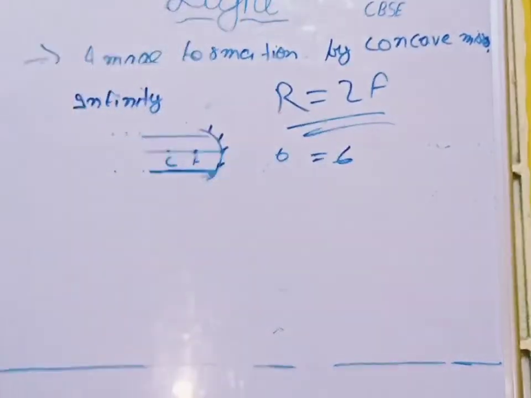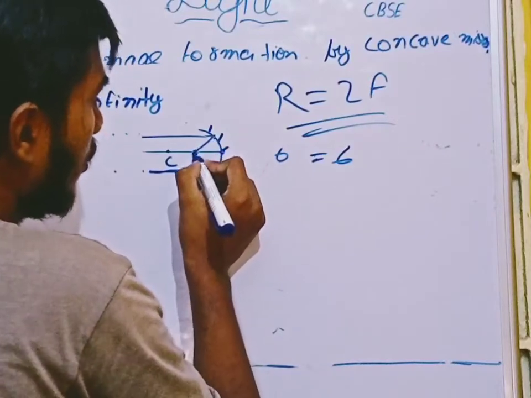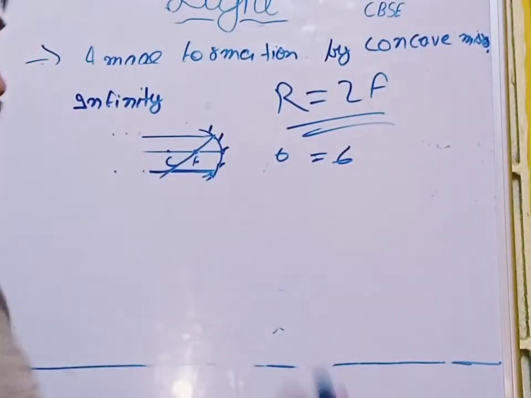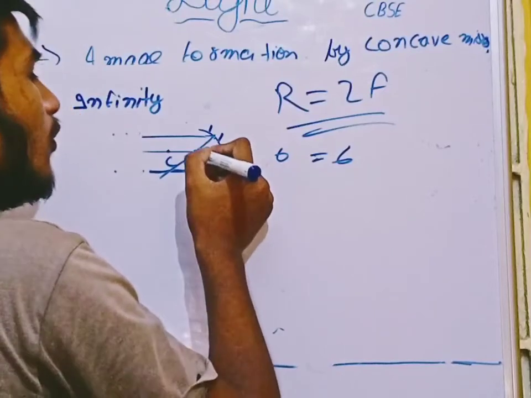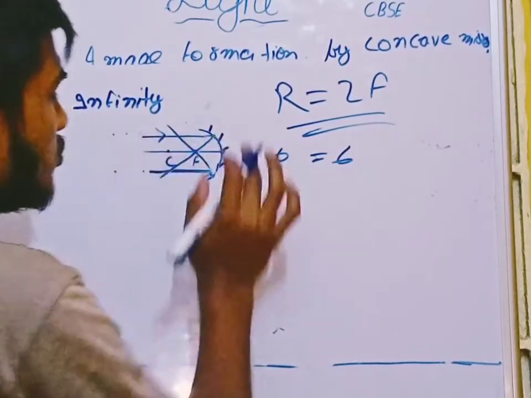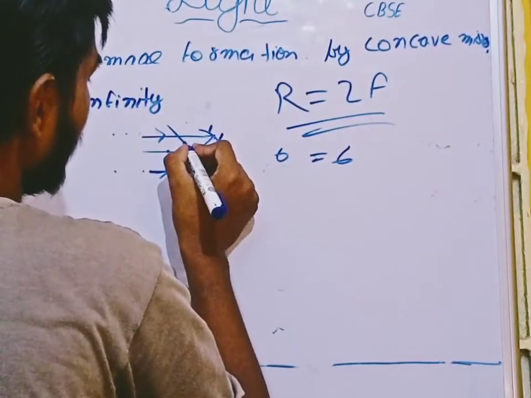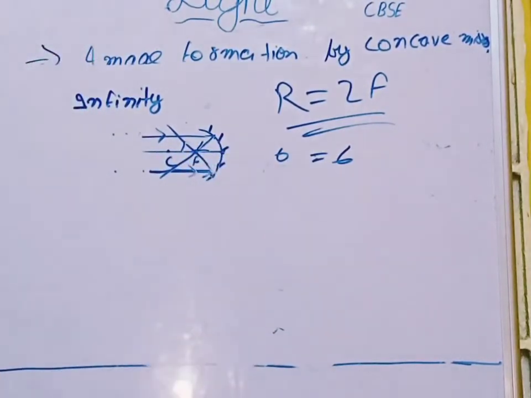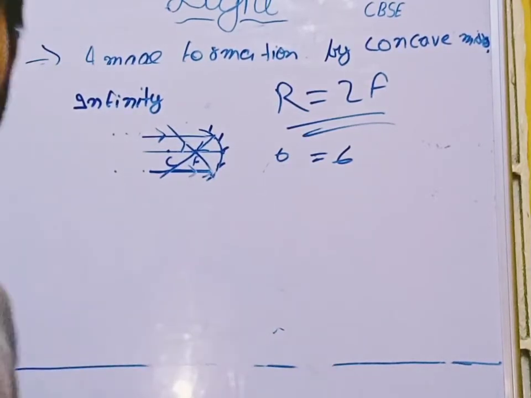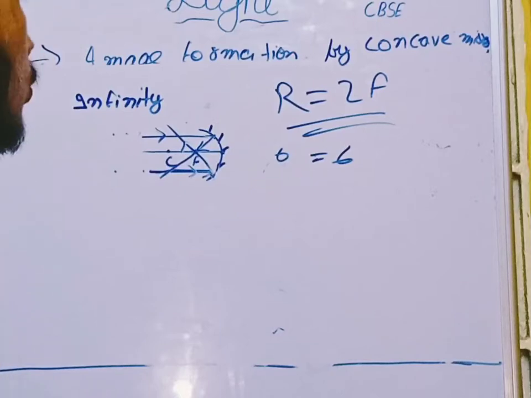We know that whenever light comes parallel to the principal axis, it passes through the focus. Draw this light, coming from here and going in this direction. Now I think you are capable of drawing it without memorizing it.